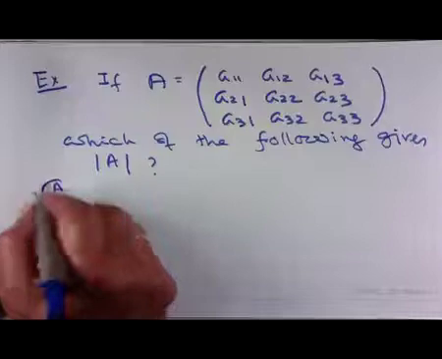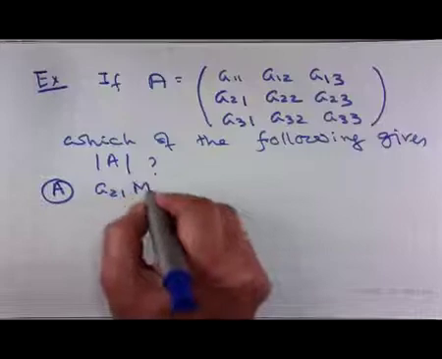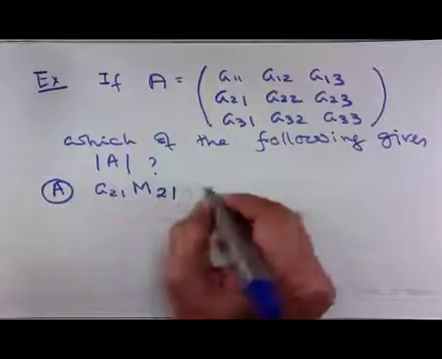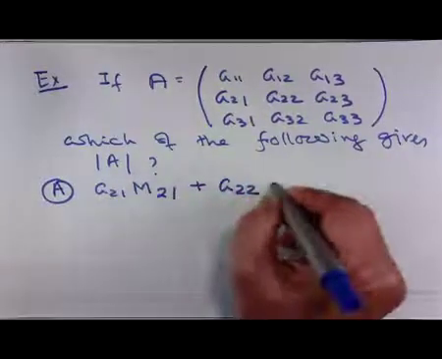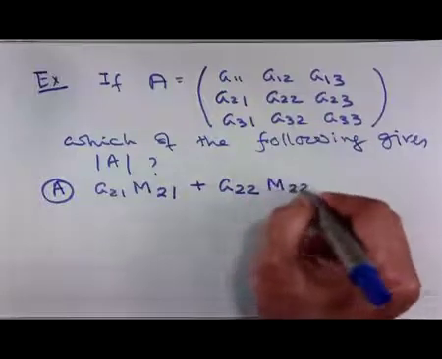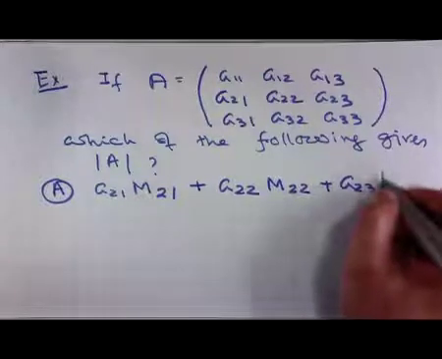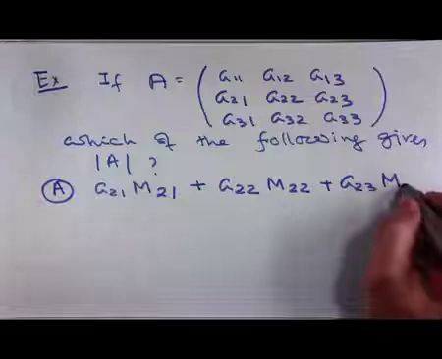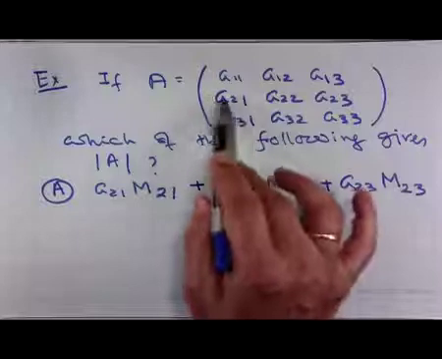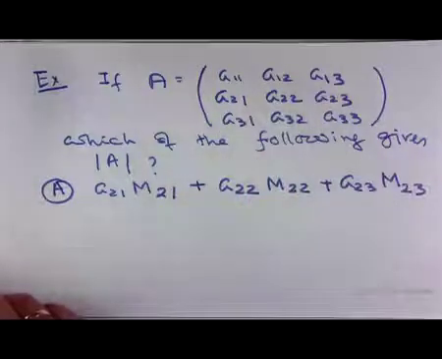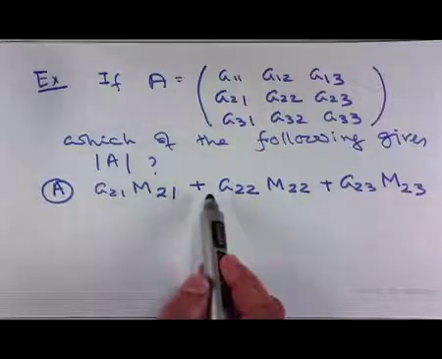Option A, a21 into M21 plus a22 into M22 plus a23 into M23. That is, I am trying to expand it along the second row, but we find that the signs have not been taken care of.